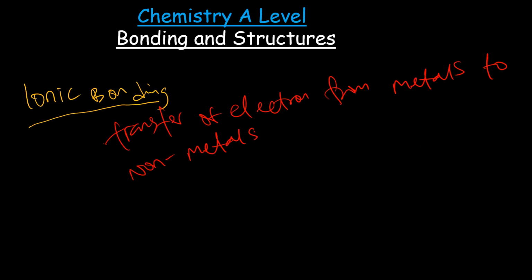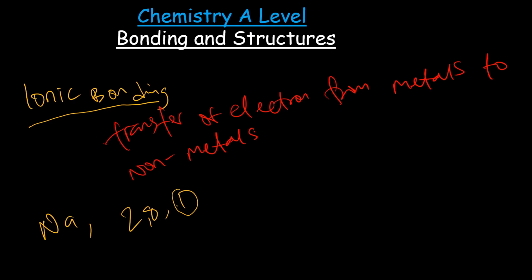Basically, metals have few electrons in the atomic shell. Let's say for example sodium, a group 1 element. Group 1 elements have 1 electron in the atomic shell. Sodium has a configuration of 2, 8, 1. Okay, it has 1 electron in its atomic shell, and this 1 electron makes it unstable.